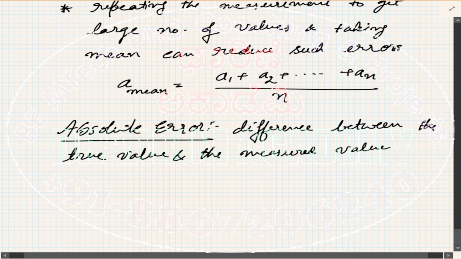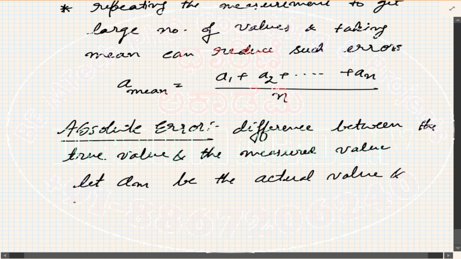All right, so let us assume that the actual value of the measurement, the actual length, is am. Let am be the actual value and say a1 is the measured value.